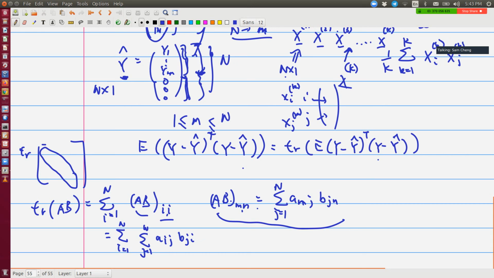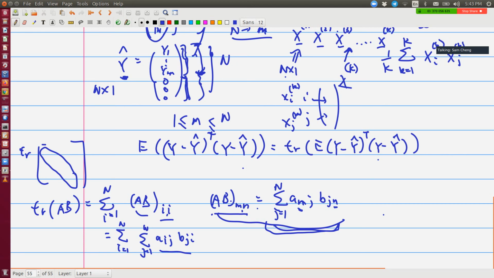Wait, let me be very careful here. This is i, therefore m is i, n is equal to i, so therefore it's just this. There is nothing magical here. AB_mn is equal to this, right?